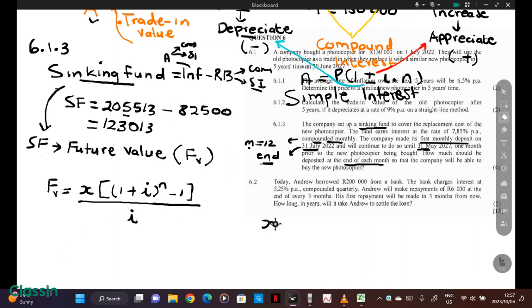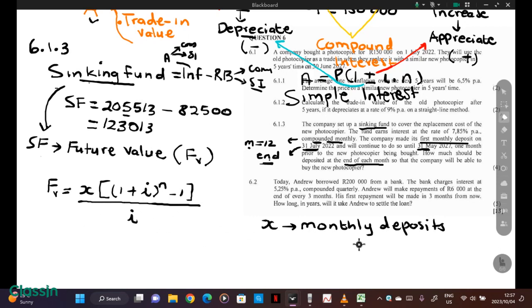But the X that we have here represents monthly deposits.